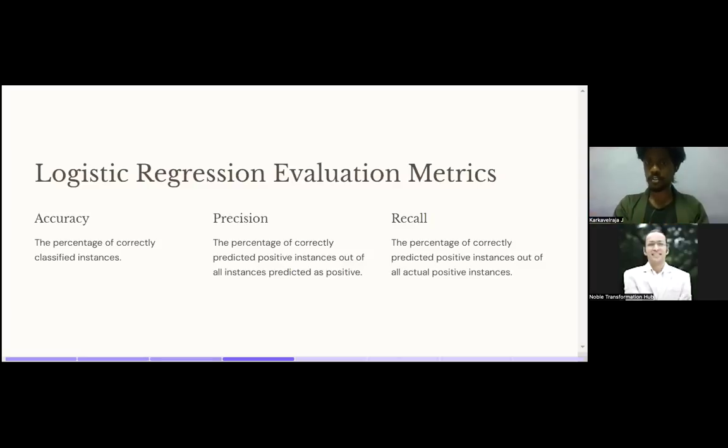Recall is the percentage of correctly predicted positive instances out of all actual positive instances. Guys, they sound similar, but they are different. Precision relies only on predicted positives, whereas recall considers all actual positive instances.